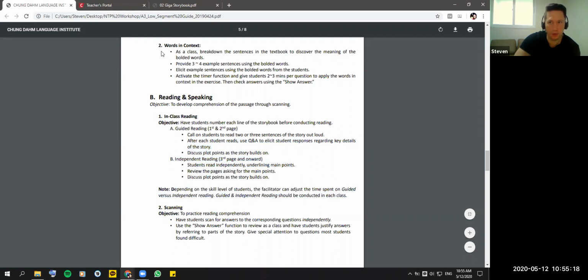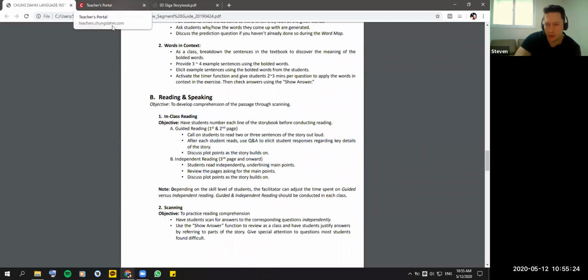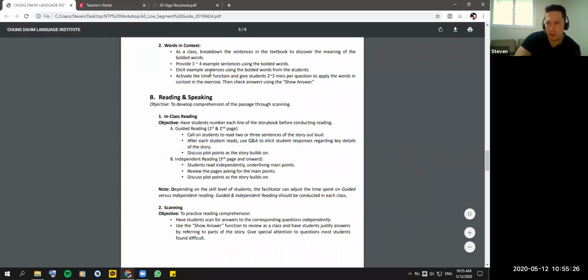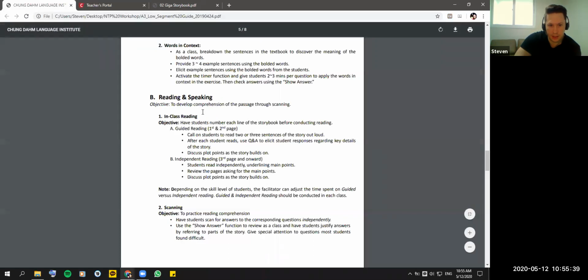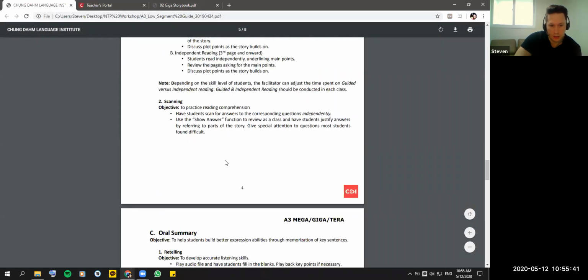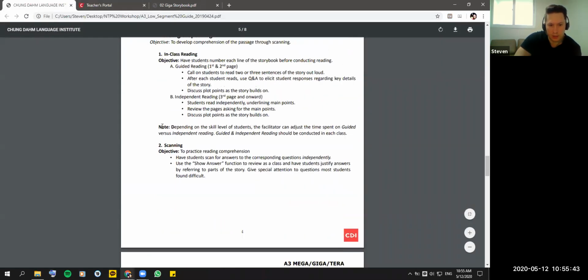Sometimes I popcorn read the whole time because I think it keeps them engaged a bit more and they don't want to be caught not knowing what's going on. But if they're kids that you trust and they're doing pretty well, you can let them do independent reading. It's up to you. I would recommend popcorn reading early on. But when you get to this page here, you're going to get to the scanning, right?